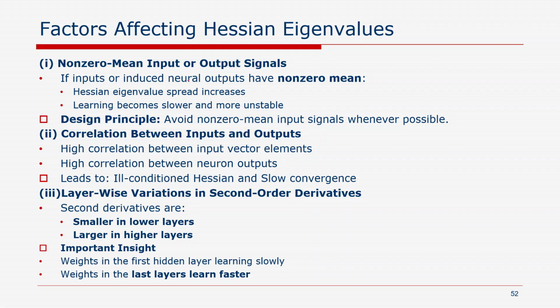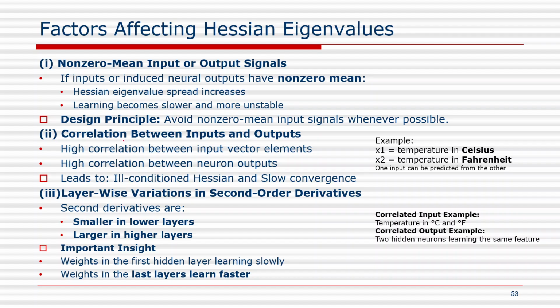If inputs have non-zero mean, the eigenvalue spread increases, and learning becomes slower and more unstable. Therefore, we have to avoid non-zero mean input signals. Here it is with respect to non-zero mean input signals, not the output signals. That is, in neural networks, we should avoid the non-zero mean input signals.